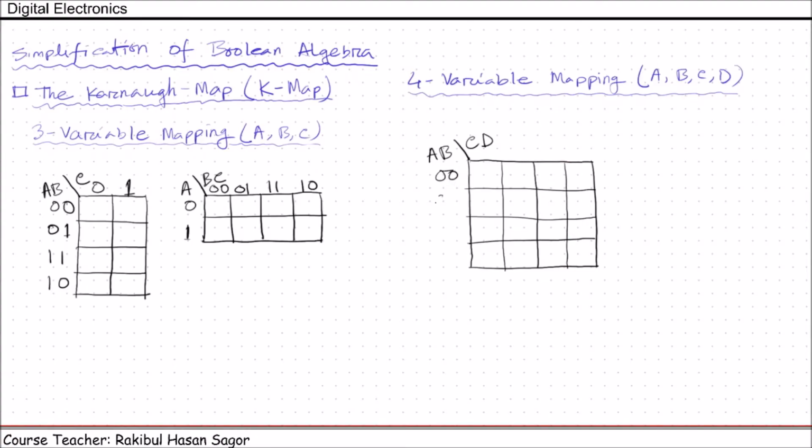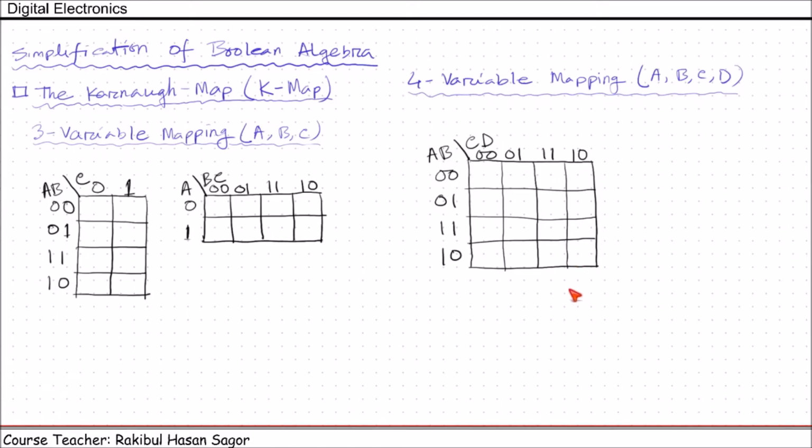Now, using 3 variables, how many combinations can we have? We can have 8. That's why we have 8 small rectangles: 1, 2, 3, 4, 5, 6, 7, 8. But using 4 variables, how many combinations can we have? We can have 16 combinations. And here we have 16 smaller rectangles.